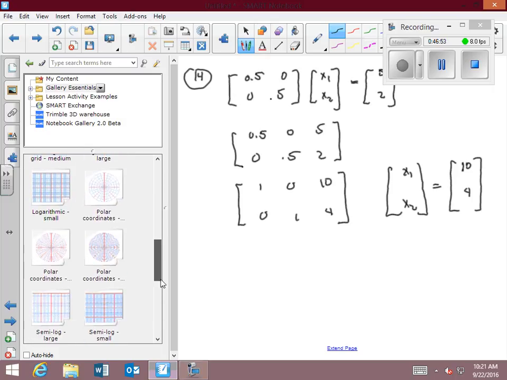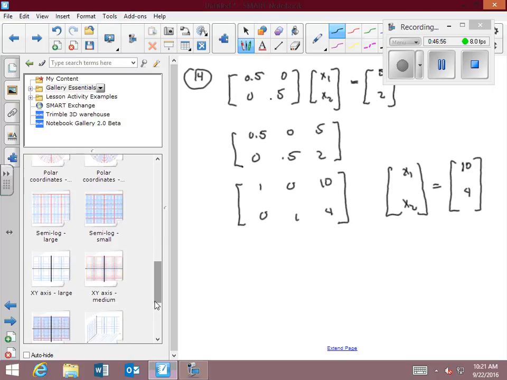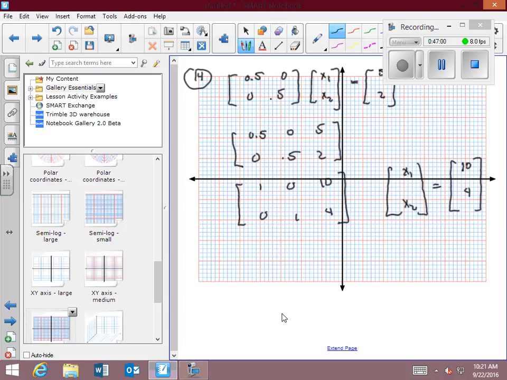There's that. So this vector x is 10. If we use this as 10 and 4, and it transforms it into 5 and 2, so you see it's just half.